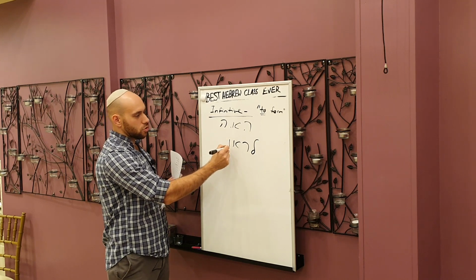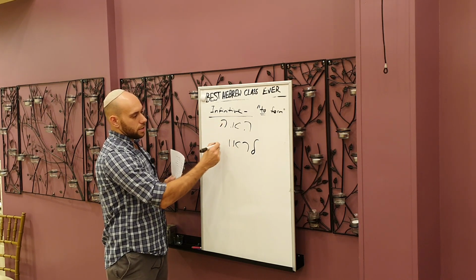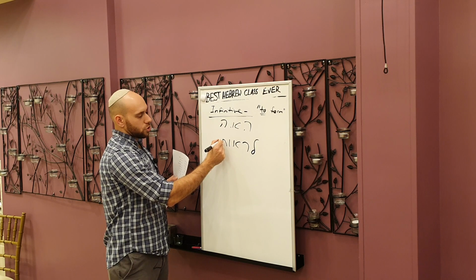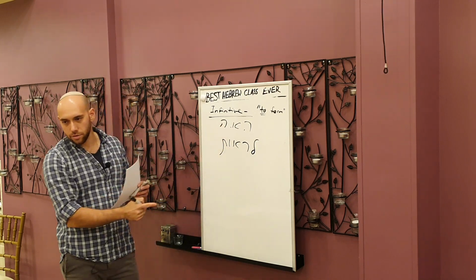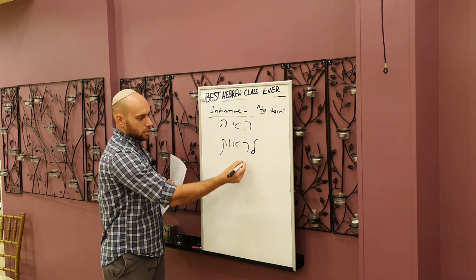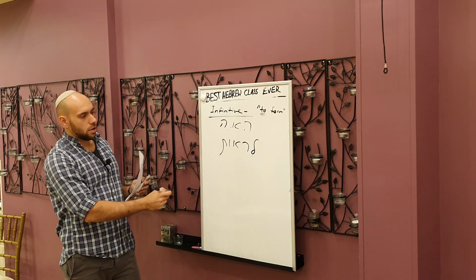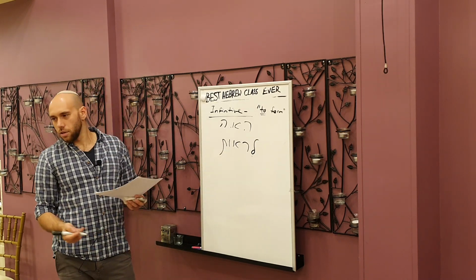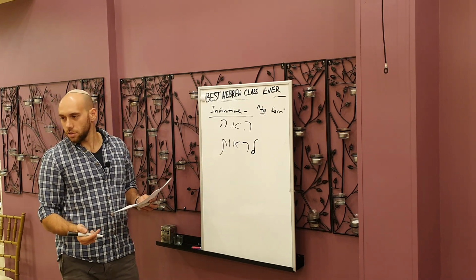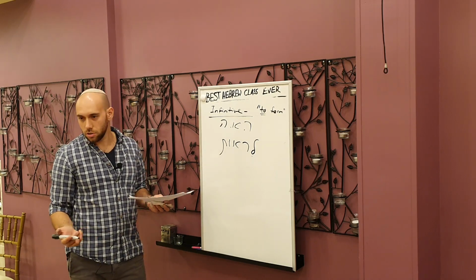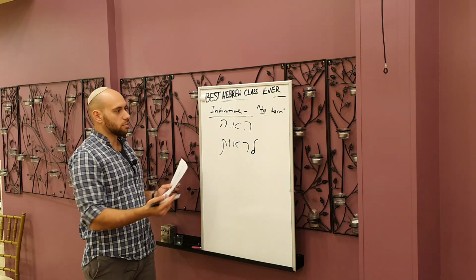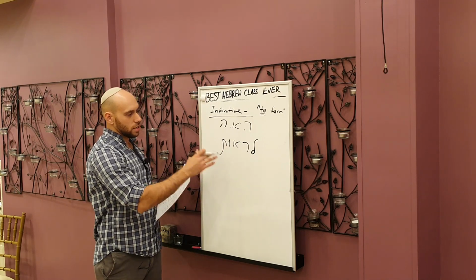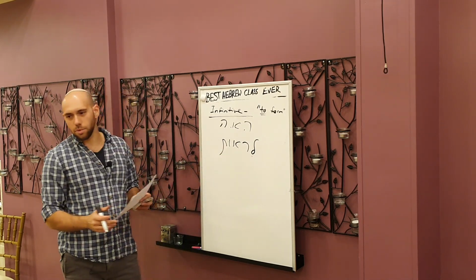Vav, which makes an O sound. And then a tav, which, because of the hey, changes to a tav. And how will you read it? Lirot. It's read just like that, lirot. That's it. It's that simple. It's like you plug the letters into the template, that's it.